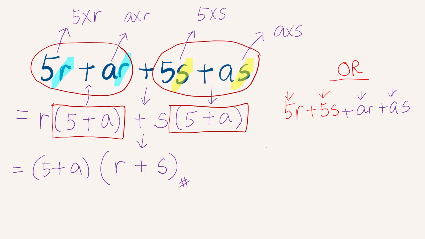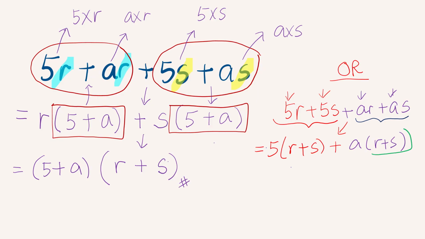Let's focus on your first group. Common factor is 5. So I introduce a bracket. I'm left with 5 bracket R plus S. Continue with the operation plus. And this one here, the common factor is A, bracket R plus S. And we observe that there's another common factor here where I can extract it out.